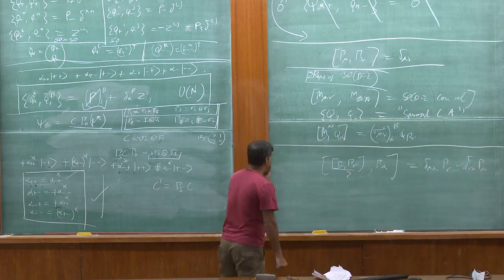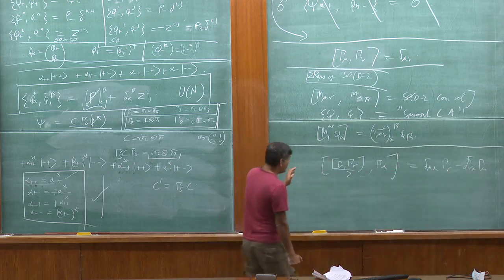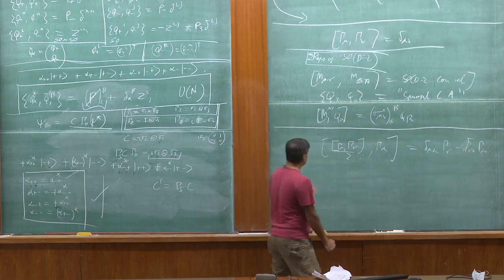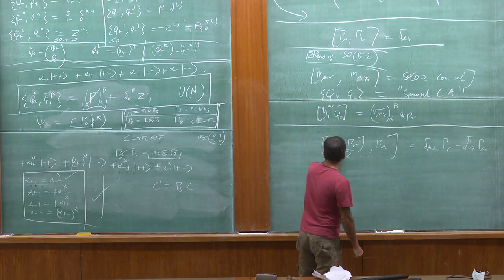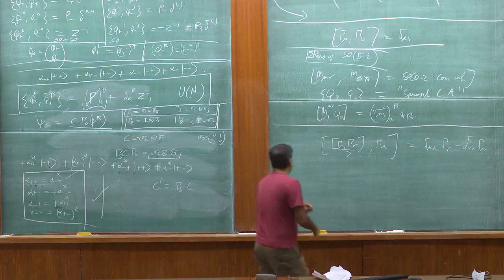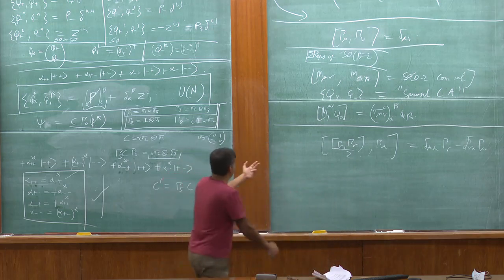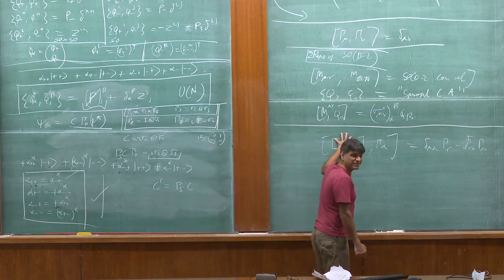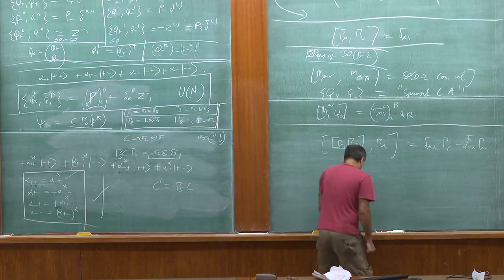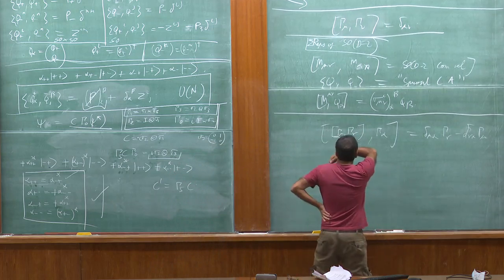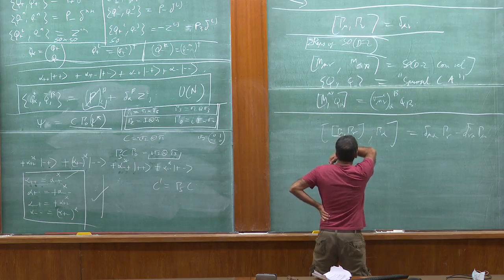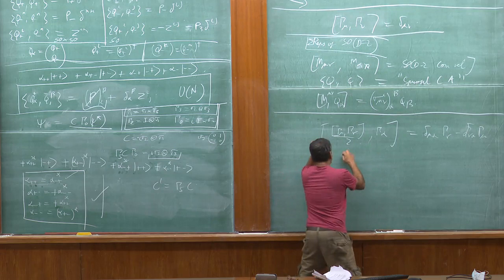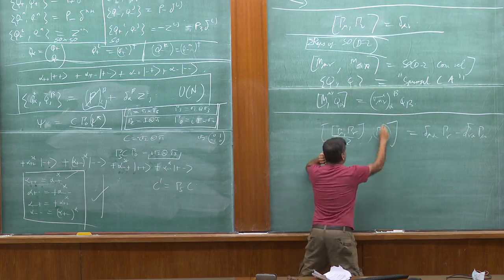Now you could ask, what did we have to do to these gamma matrices to get this particular representation? What we did is just the following. We take this.